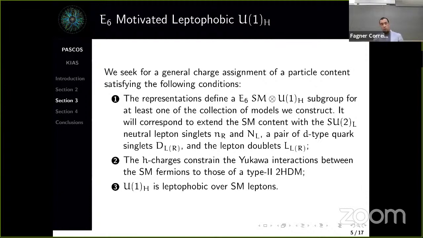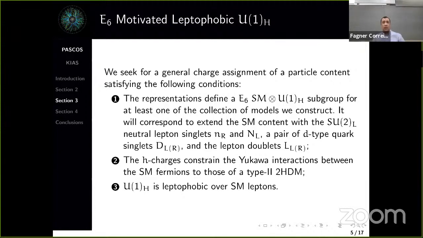Okay, so we know that one of the steps of the breaking pattern of the E6 is standard model times U(1). So we need our content to be able to be complete in the E6 version. Okay, so at least in one of them.